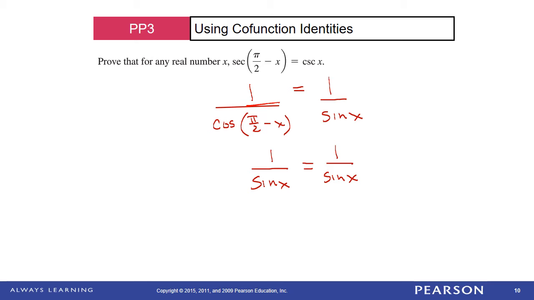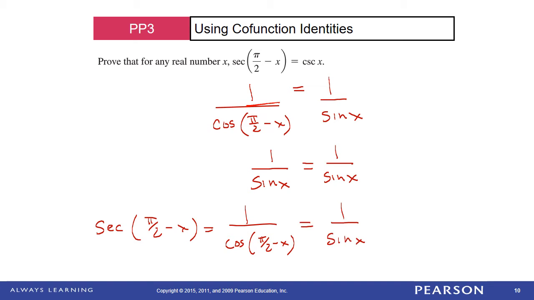In the olden days, you had to go from one function to another. In a sense, you start off with the right-hand side, the more complicated side, simplify it out to cosine or sine, use the cofunction theorem, and then bring it back to the other side. If you did that, you technically were done, because you've proved by equal signs running all the way across that those two are the same.